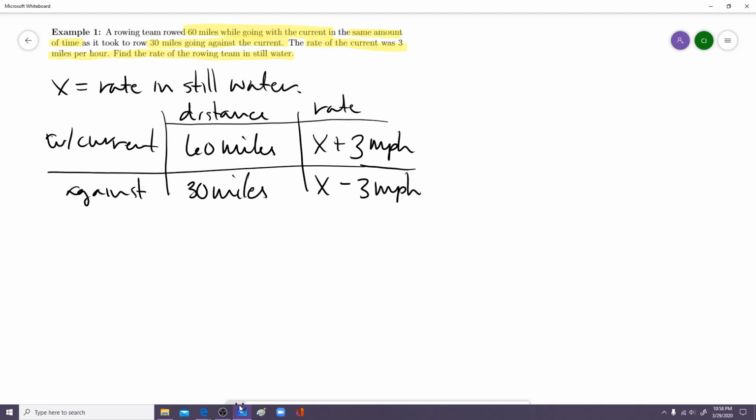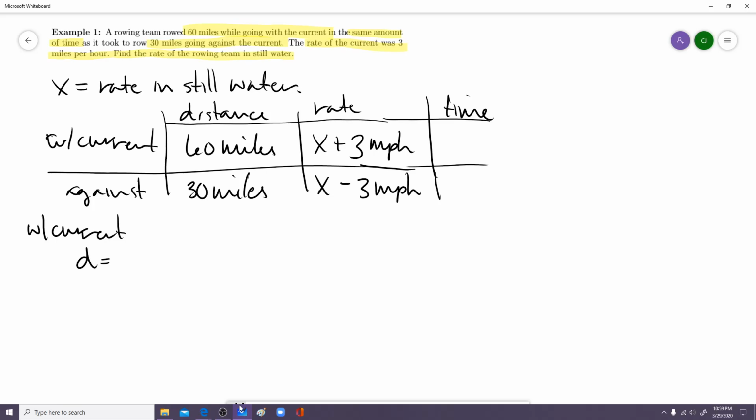Right? And what do we know about time? Let me extend this here. What is time? We know that with the current and against the current, these take the same amount of time. So for example, with current, I'm going to recall distance, rate, and time.